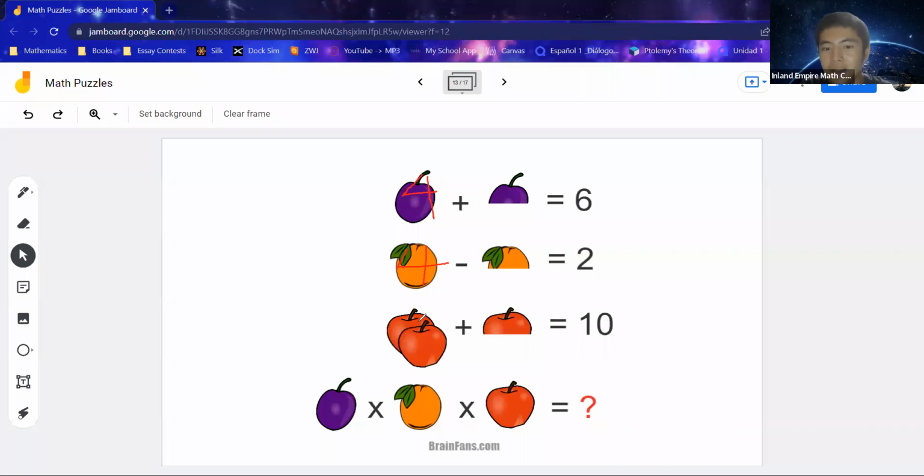Ooh, this is a tough one. 8. Lloyd, do you mean this entire thing is 8? Or do you mean one apple is 8? Is 8 2 apples or 1 apple?